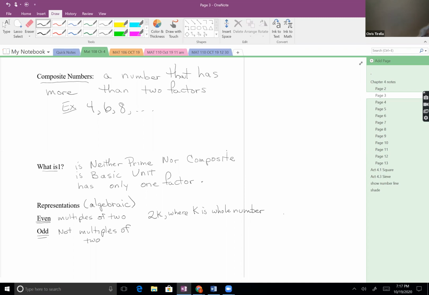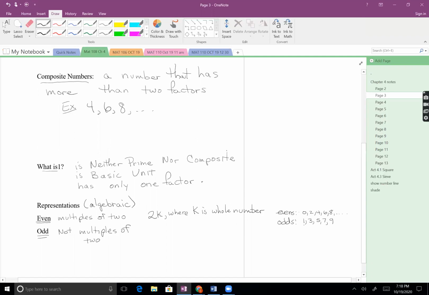Let's see, my evens are 0, 2, 4, 6, 8. My odds are 1, 3, 5, 7, 9. What's the relationship between the even numbers and the corresponding odd numbers? Does anybody see anything? They add by 2.